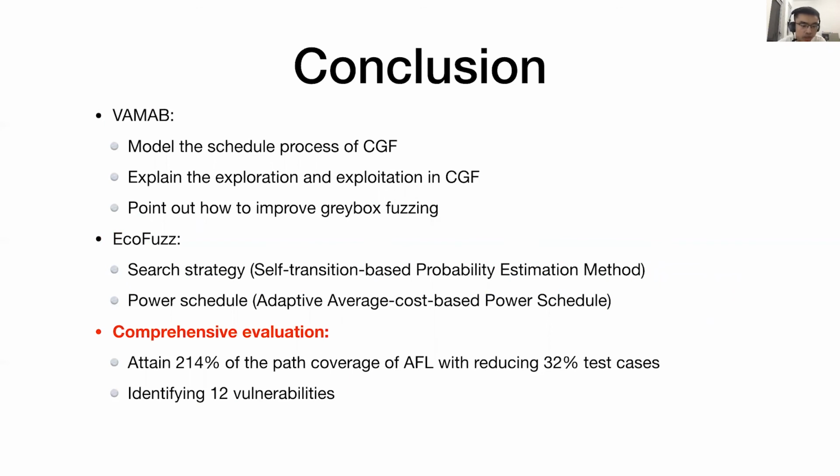Finally, we evaluate EcoFuzz. EcoFuzz can attain 214% of the path coverage with less effort, reducing test case generation by 32%. EcoFuzz also identified 12 vulnerabilities with 2 CVEs, which proves it is an efficient tool.